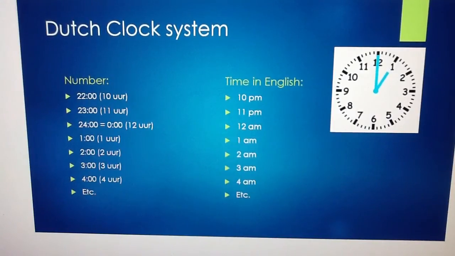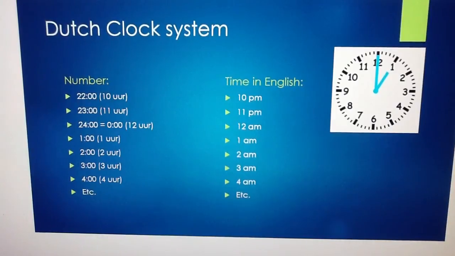Then it's the morning, which is for English speaking persons rather easy. It's the same way in the morning. So 1 AM is simply 1 uur, and you just write 1 and 1. 2 AM is 2 uur, 3 AM is 3 uur, and 4 AM is 4 uur, and that goes on until 12 PM.